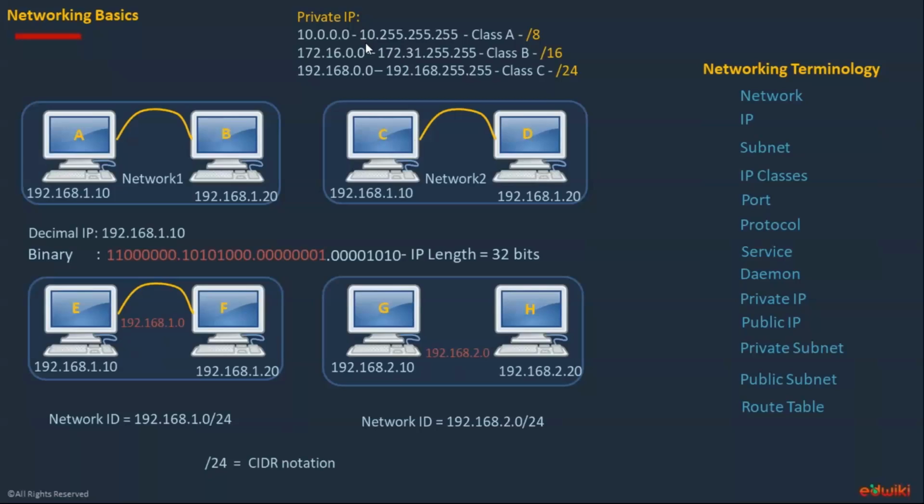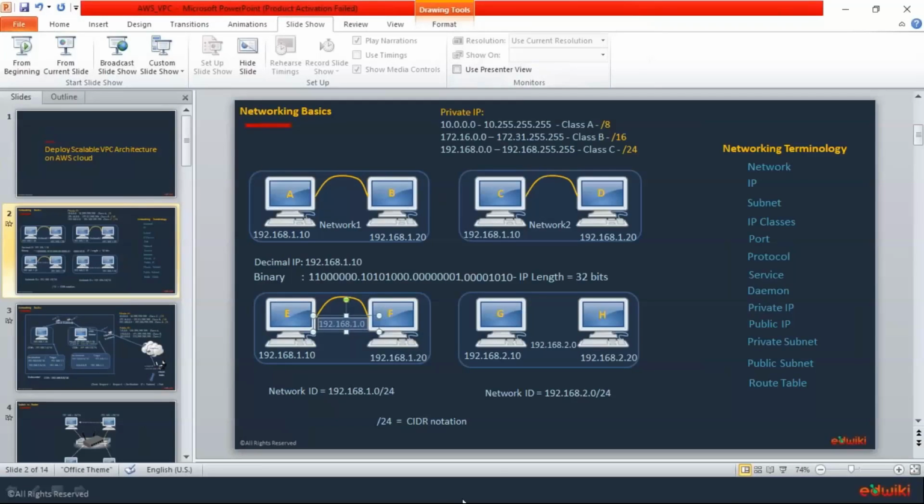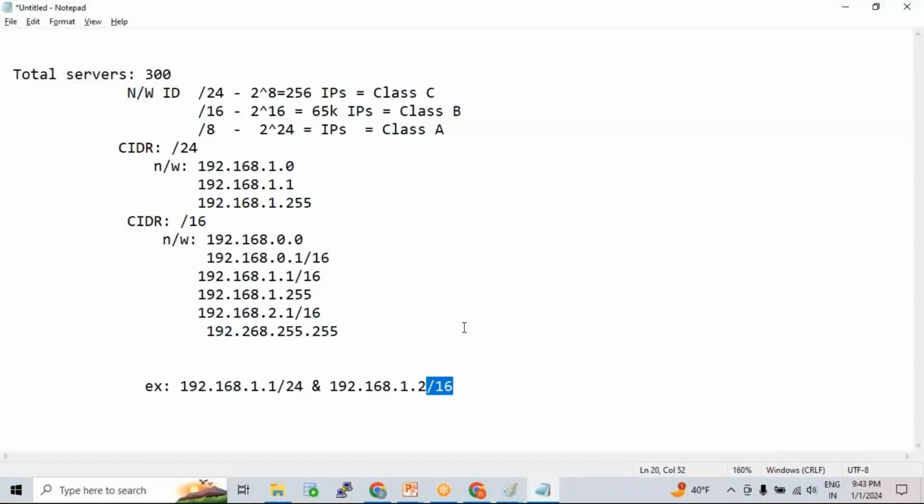So if you are following this pattern, then you don't need to worry about the network CIDR number. Without looking at the CIDR, it is even possible to tell whether the given IPs belong to the same network or not. For example, now let's say I am following the IP classes.